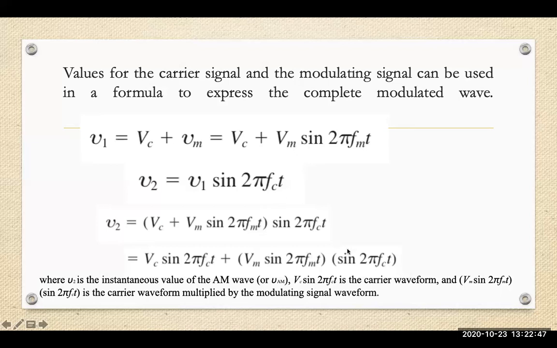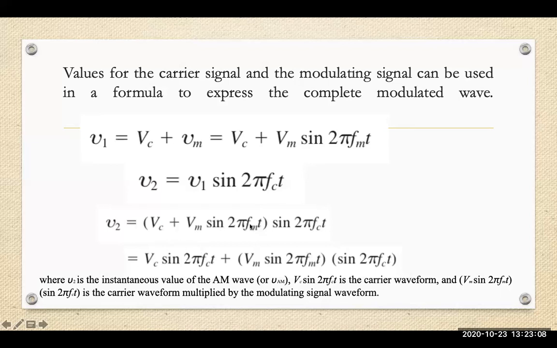Okay? And yung V sub m naman natin, sine 2 pi ft multiplied to sine 2 pi ft is the carrier waveform. Ayan. Multiplied by the modulating signal. So this is now the result of yung V sub 2, instantaneous value of the AM. Ito na yung AM natin actually na equation.